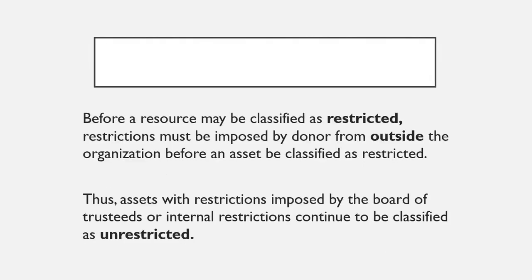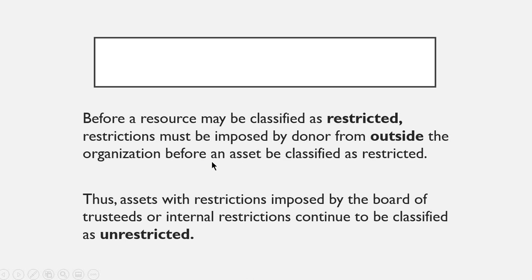Now, before a resource may be classified as restricted, the restrictions must be imposed by a donor from outside the organization. An asset or resource becomes restricted, either temporarily or permanently, only when the restriction is imposed by someone outside the entity.